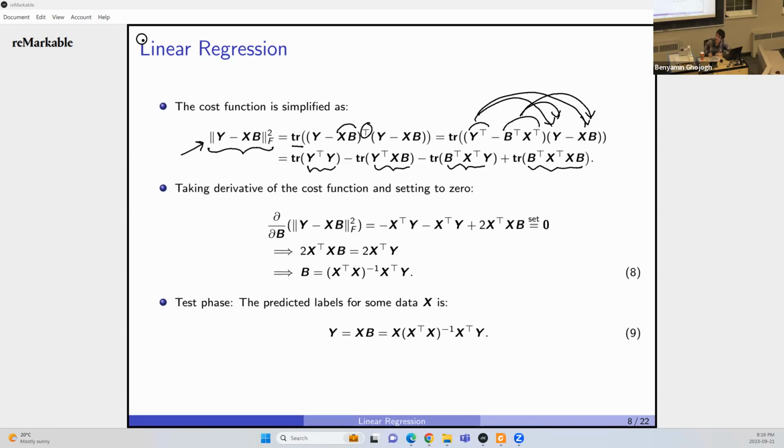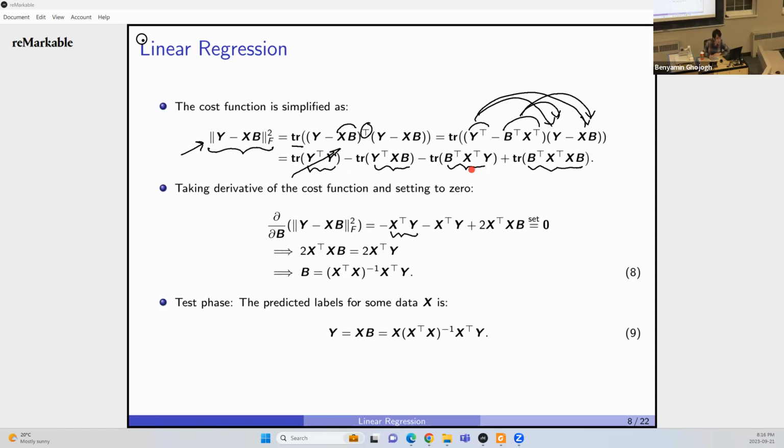So what happens? What is this? It's a constant with respect to B, goes away. What is this? It's linear with respect to B, becomes X transpose Y. Why not Y transpose X? Use the analysis that I told you. Okay, check the dimensionalities.